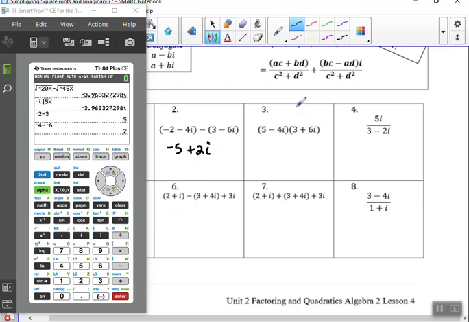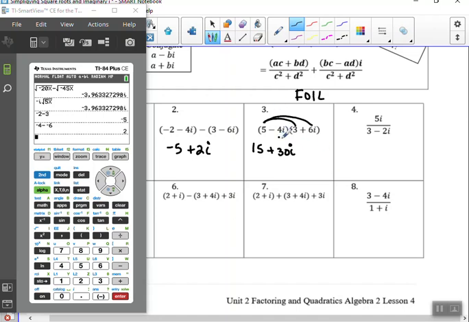Multiplication, this is just that FOIL method that we learned previously, where you do 5 times 3, which is 15, and then 5 times 6i is 30i.